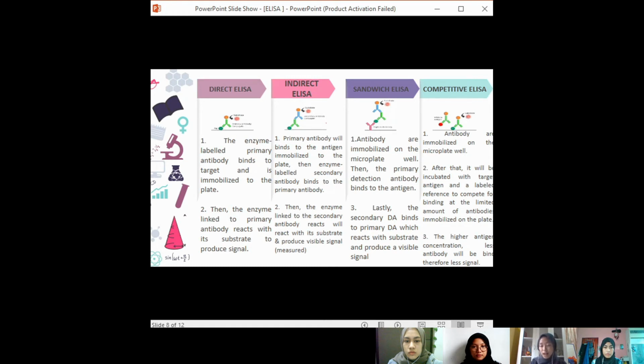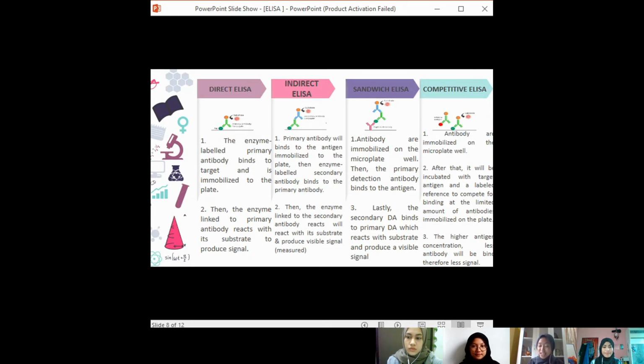Indirect ELISA uses a primary antibody and a secondary antibody. The primary antibody binds to the antigen immobilized on the plate, then the enzyme-labeled secondary antibody binds to the primary antibody. Then the enzyme linked to the secondary antibody reacts with its substrate and produces a visible signal which can be measured.